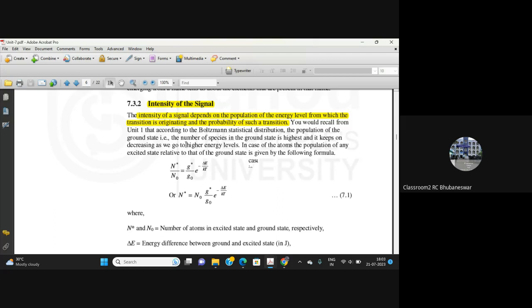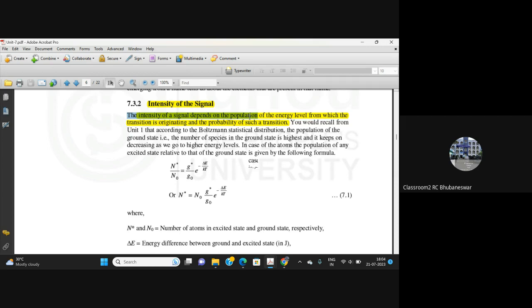Then another characteristic of the signal is the intensity of the signal. The intensity of the signal depends on the population. We discussed the Boltzmann distribution, if you remember. If population is more, concentration is more, it means intensity will be more. But if you increase the concentration too much, then there is a problem: self-absorption problem, quenching problem. Yesterday we discussed everything about that.